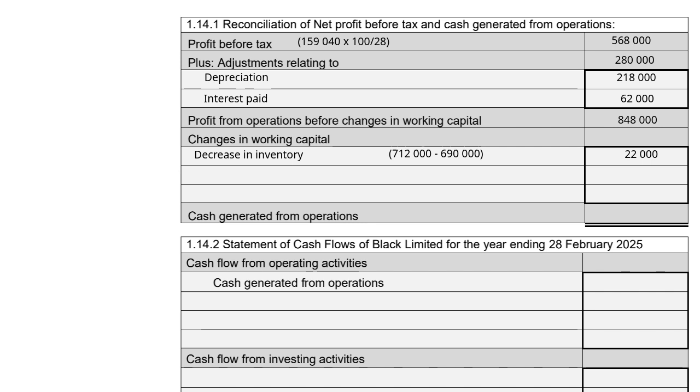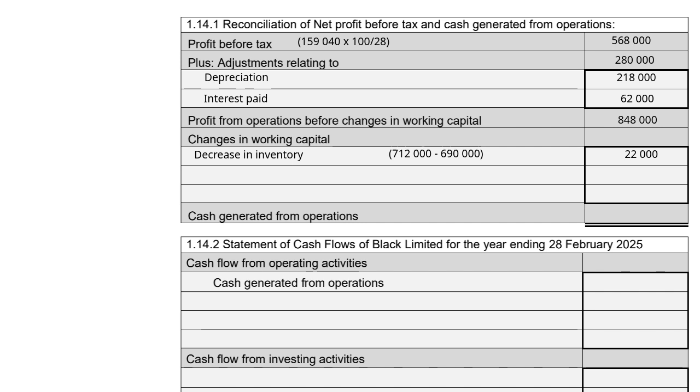For debtors control, we go to note number 4. Remember, we include the trade debtors as well as accrued income or prepaid expenses, but in this case there's only accrued income. So for 2024, it's going to be 67,300 plus 9,700. And then in 2025, it's going to be 53,200 plus 2,800.